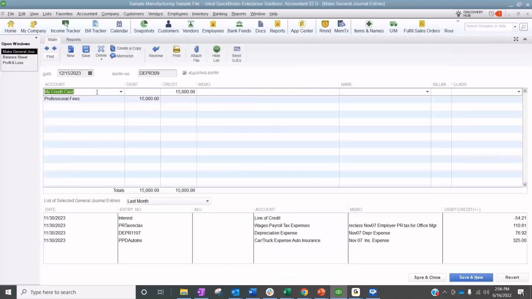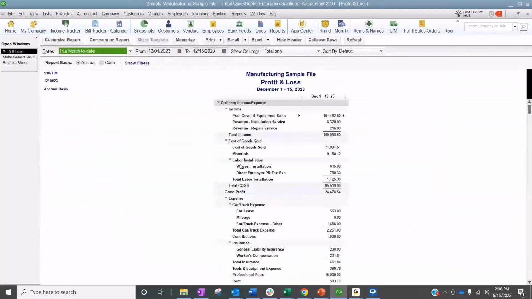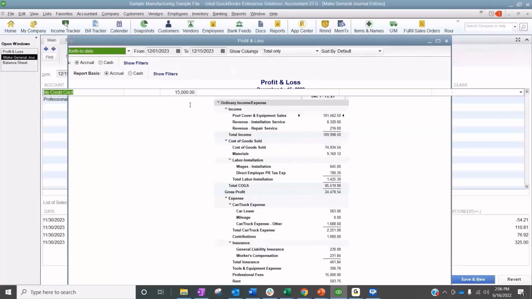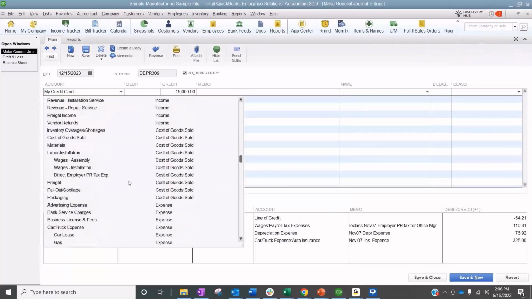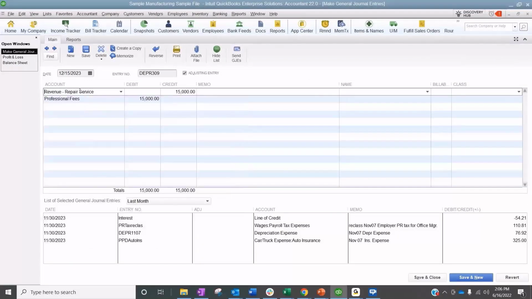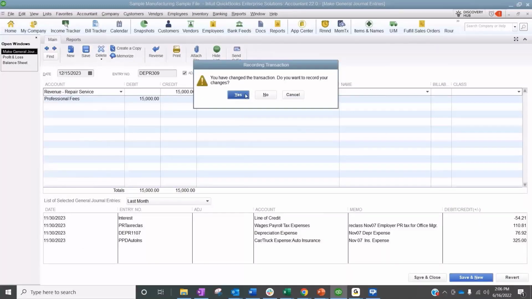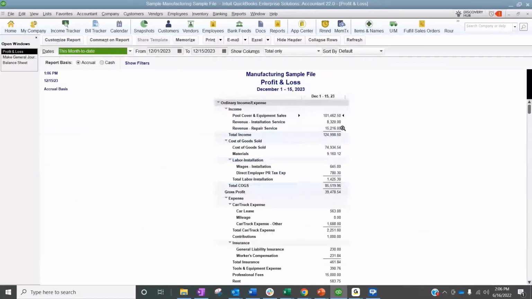Same if I look at income. Revenue repair service is $216, positive $216. If I move this journal entry against revenue service entry on a credit and I save, it moves it up $15,000.